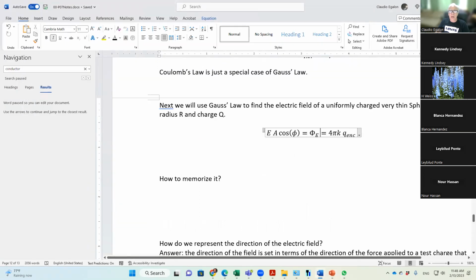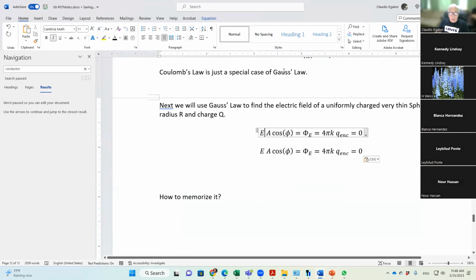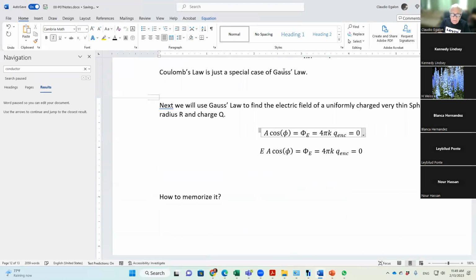Notice that there is no charge inside this Gaussian surface. Because of that, what we have on the right side is going to be 0. The area of your Gaussian surface is not 0, and the cosine may not be 0 as well. So we have this situation in which, and by the way, I'm going to put here "inside."